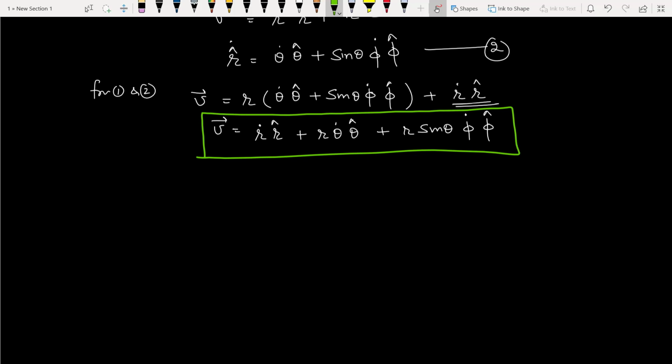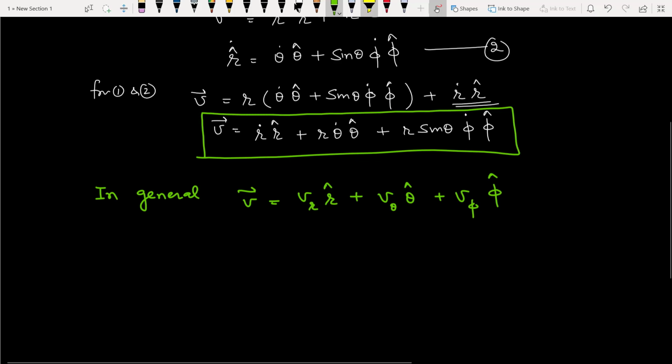So in general we can write velocity vector as, it is a similar kind of notation as we write in lower classes.